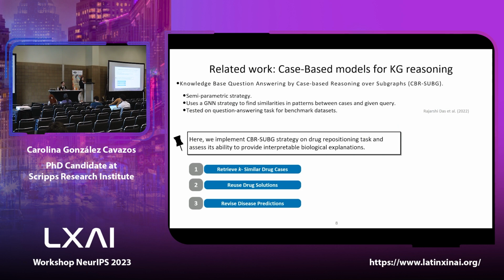This was specifically tested on a question answering task, and it was used for specific benchmark datasets. But in our work, we implement this case-based reasoning subgraph strategy for a drug repositioning framework where we don't only assess if the model is able to predict links, but also its ability to provide these interpretable biological mechanisms. I will go into more detail on how this work was done.